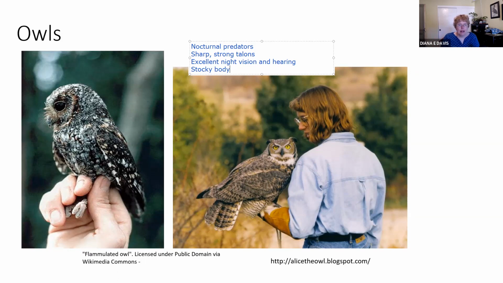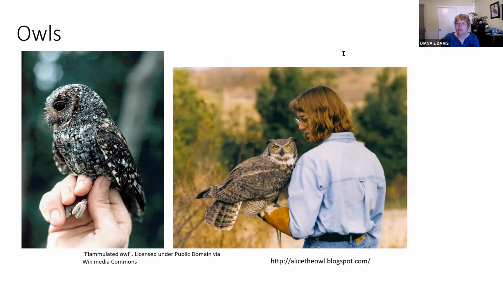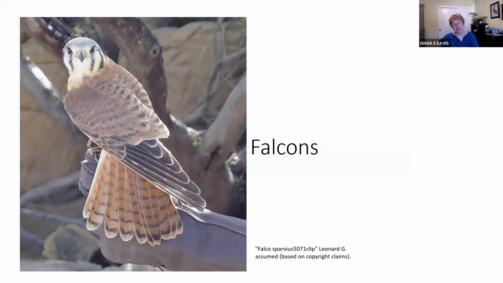This guy is a flammulated owl, and this is kind of the small end of size for owls. There's a lot of neat stuff about owls. Have I said that about every category so far? There's a lot of neat stuff about birds.